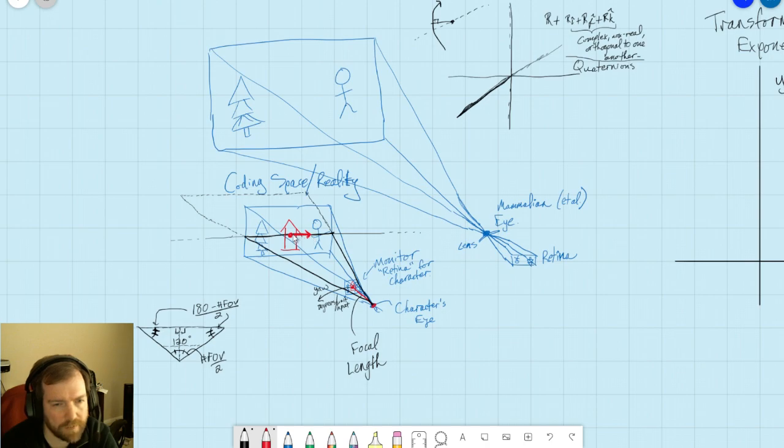All right, so pan. Or you could say it's technically not a pan, it's a rotation.